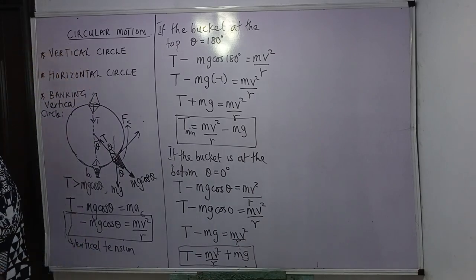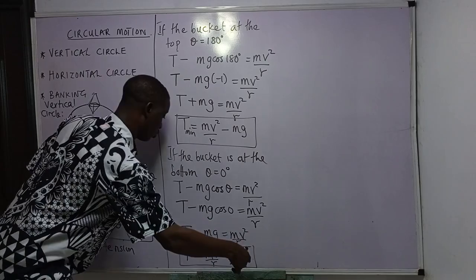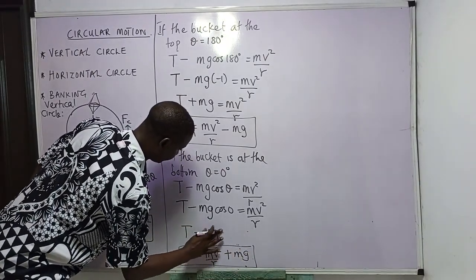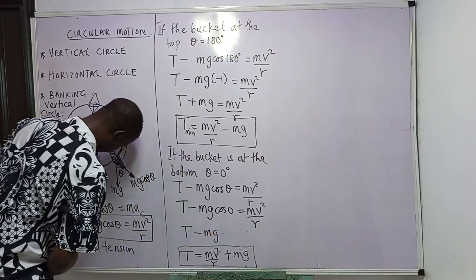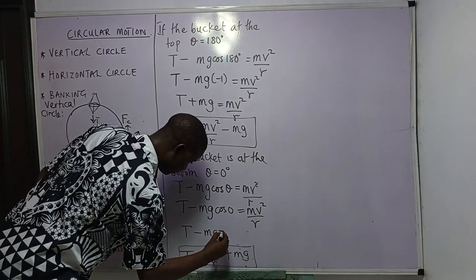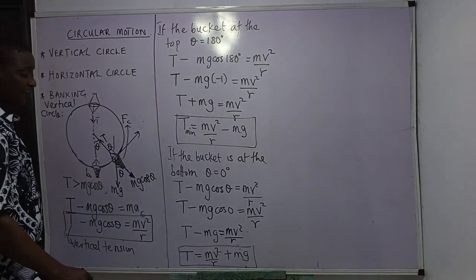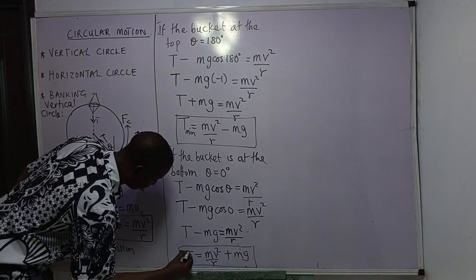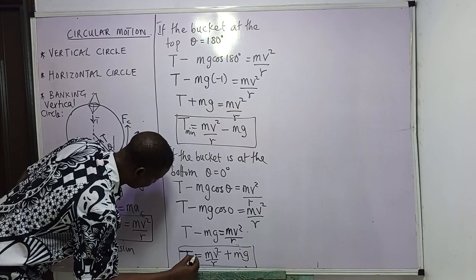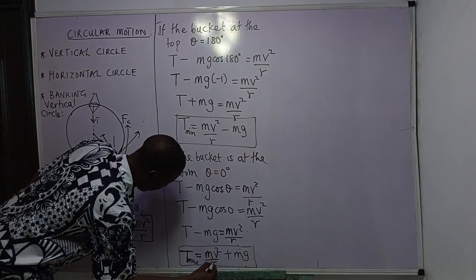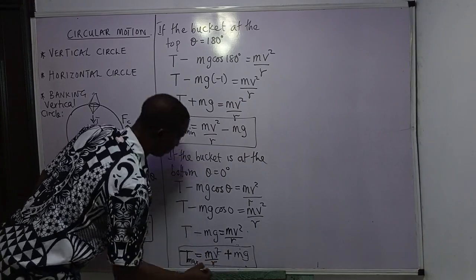At the bottom, because this one will now come here to become plus. Don't forget. Let me write this one. So now we have gotten our maximum tension, T max, mv square over r plus mg.